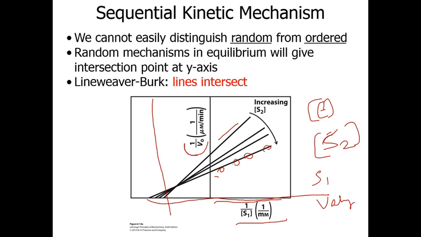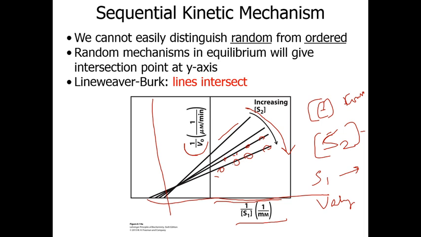In the second experiment, you're keeping the enzyme constant, you're varying S2 to a different concentration and changing the S1 concentration again, and hence you get various different concentrations of S1. So for each experiment, S2 is constant, but for different experiments, S2 is varying.